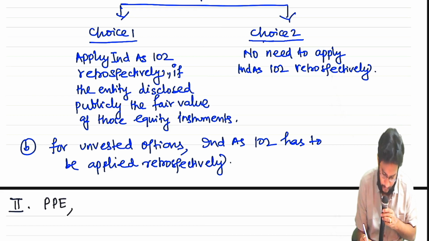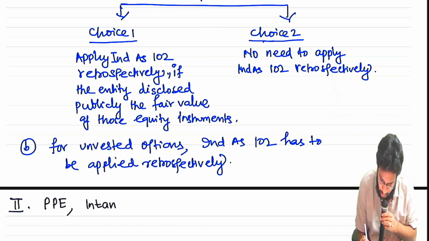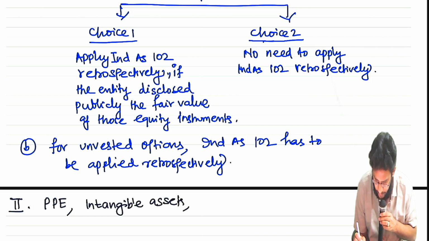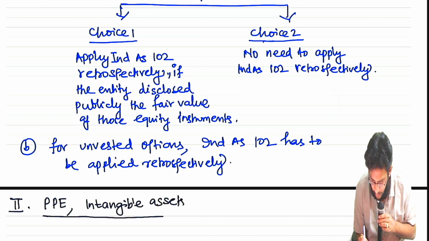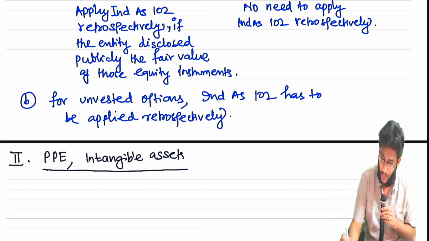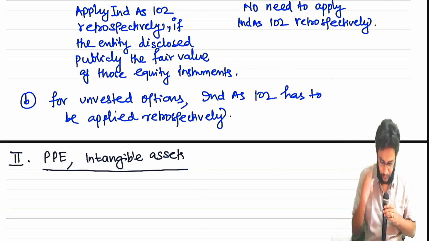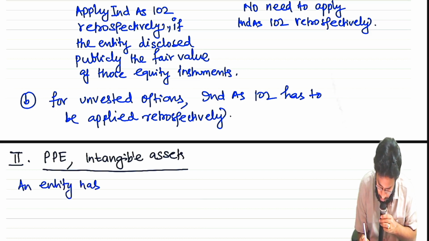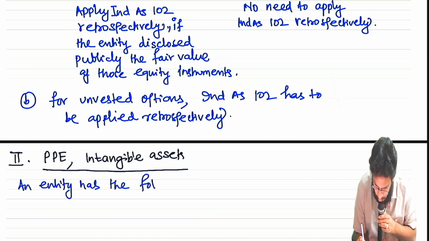For PPE and intangible assets, the entity has the following choices.